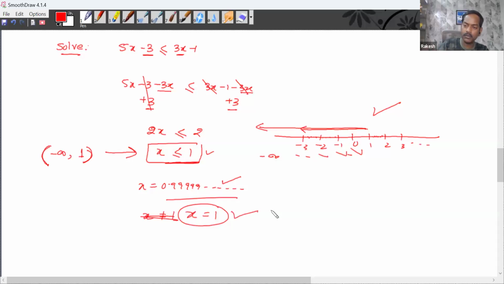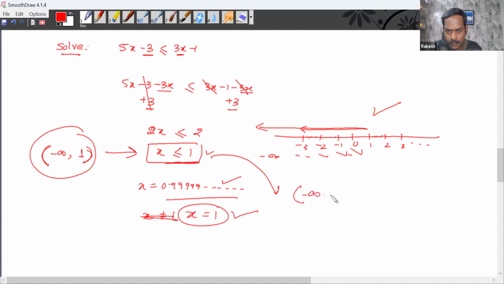So x can be equal to 1 or less than 1, but cannot exceed 1. In that case, the representation in such format would slightly differ. That is, it would be minus infinity till 1, but 1 would be included, so we use a close bracket. This curved kind of bracket is called an open bracket.